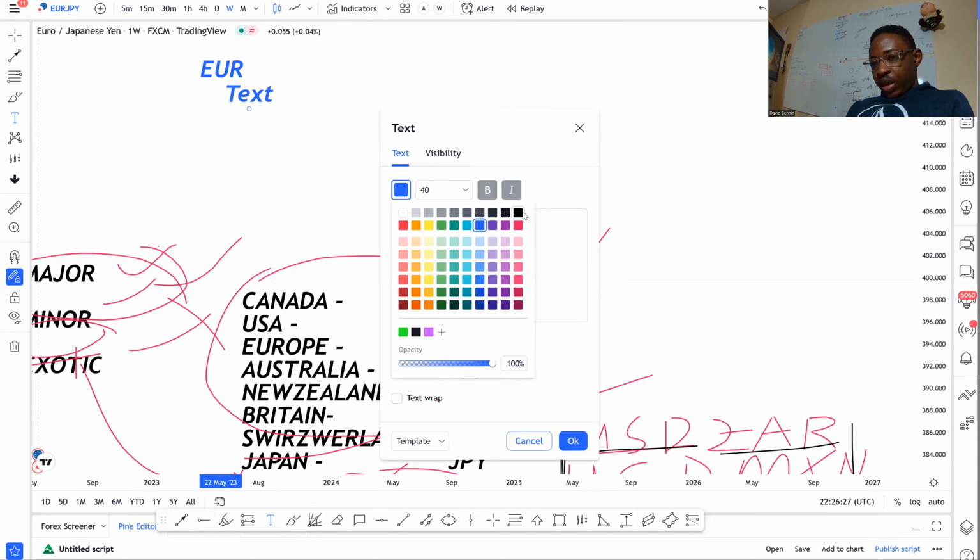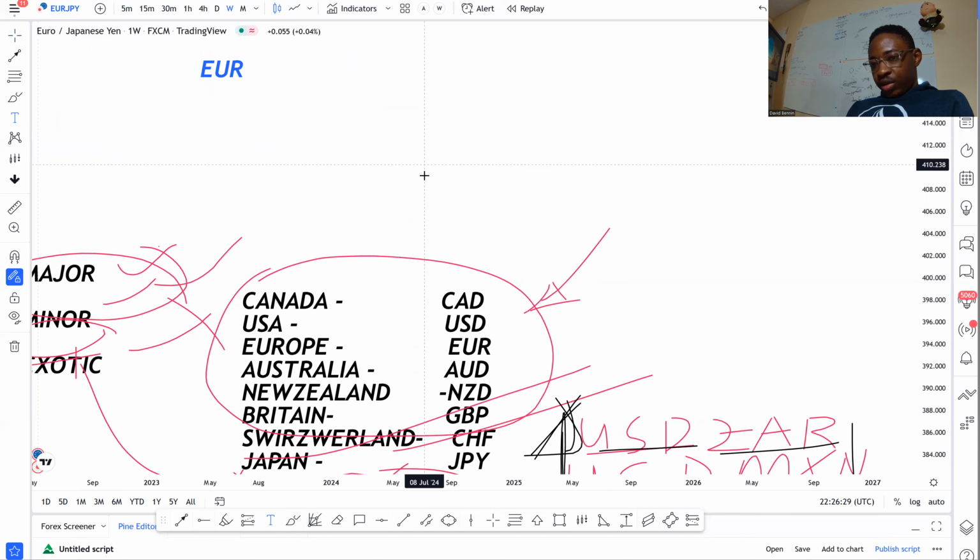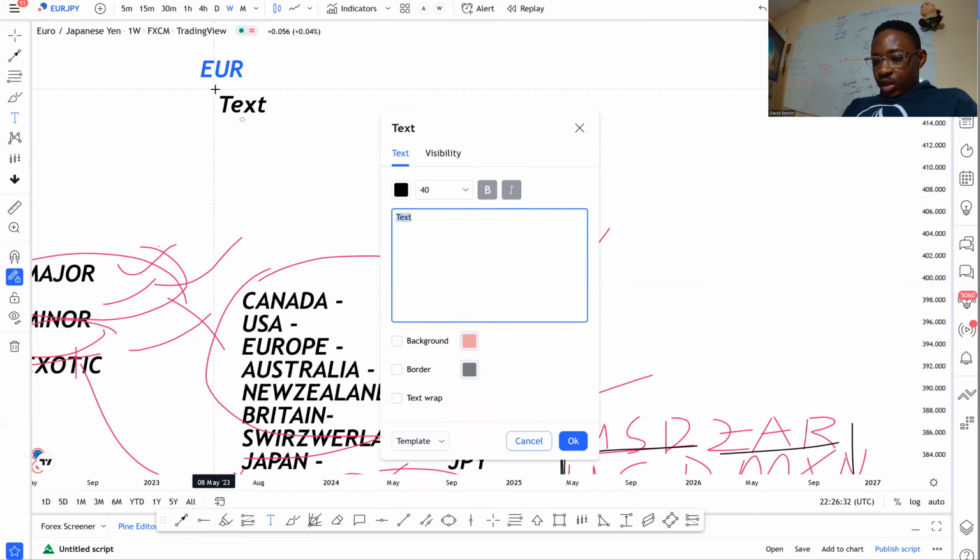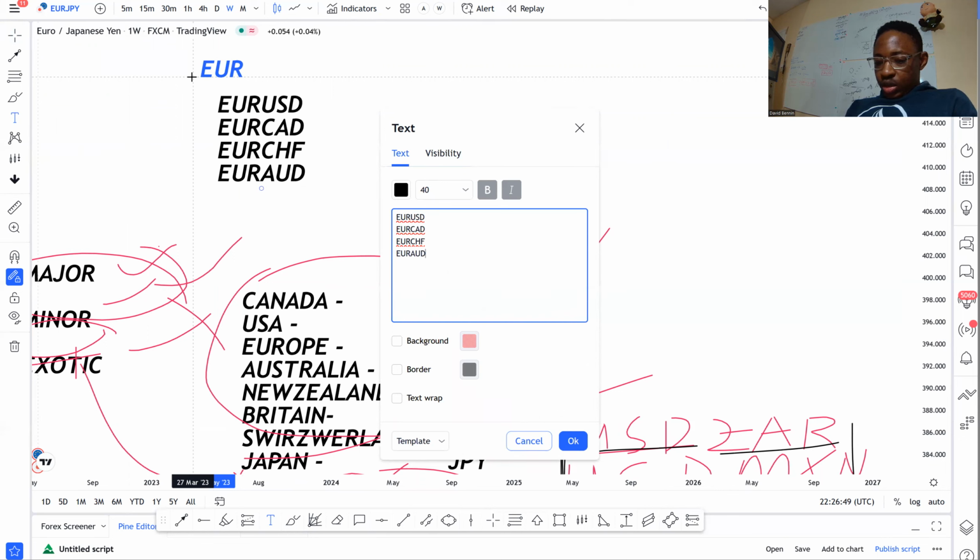So it means that if you pair the euro with any of these currencies, this is how it's going to be. So you have euro USD, euro CAD, euro CHF, euro AUD, euro NZD, euro GBP.